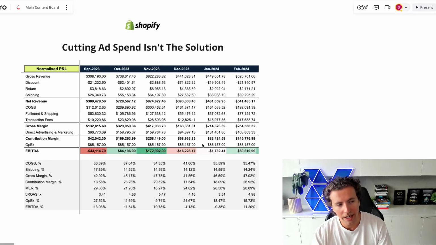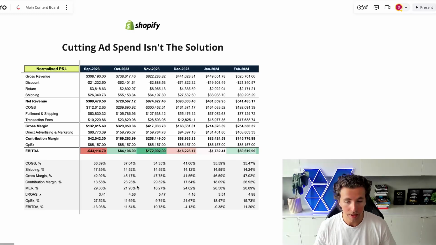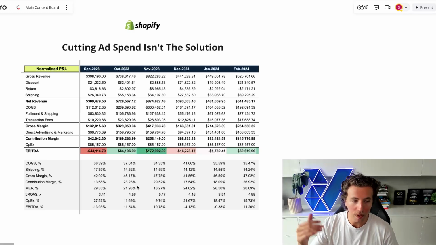And so once this brand gets past $85,000 in contribution margin, their percentage EBITDA starts to go up linearly. Whereas comparatively, when they're sitting around this level, their operating expenses as a percentage of revenue is just so incredibly high.